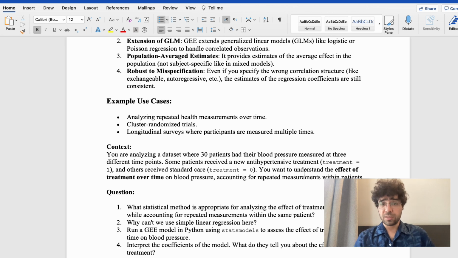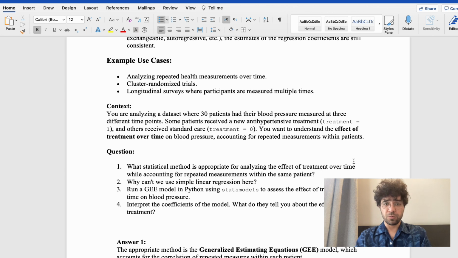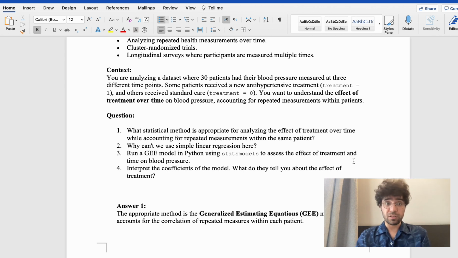You want to understand the effect of the treatment over time on blood pressure, accounting for repeated measurements within the patients. So the question is, what statistical method is appropriate for analyzing this effect of treatment over time if we want to account for the repeated measurements within the same patients?